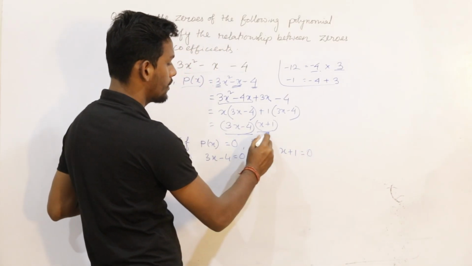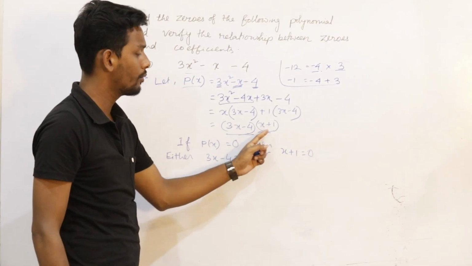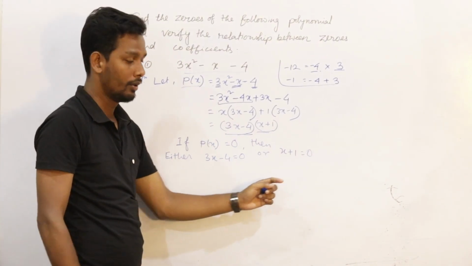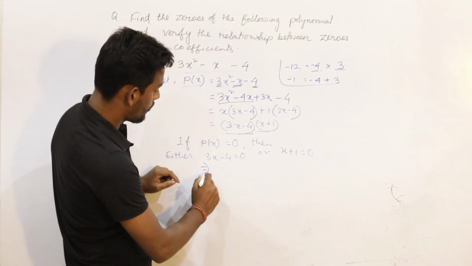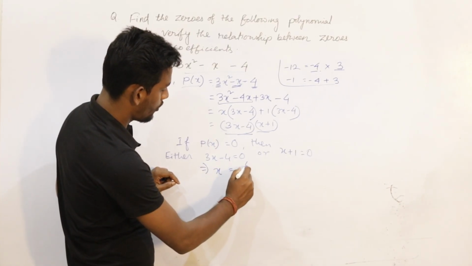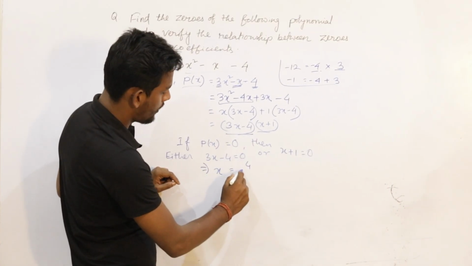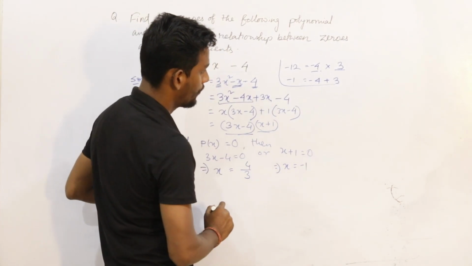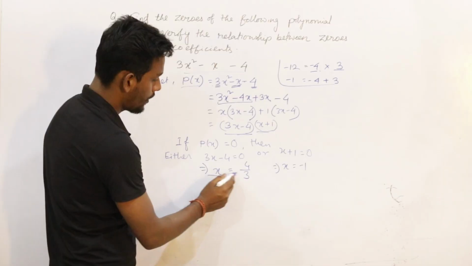When two numbers are multiplied, if the product is 0, then one of them must be 0. Here the value of x will be 4 by 3, since 3 is multiplied on this side, it goes to the other side as divide. Here the value of x is minus 1. So this is the value of x.